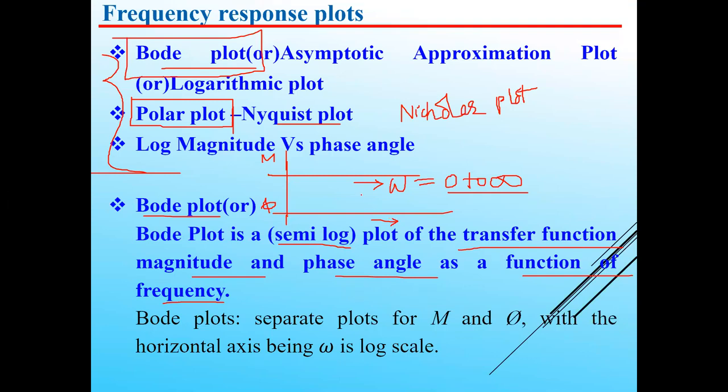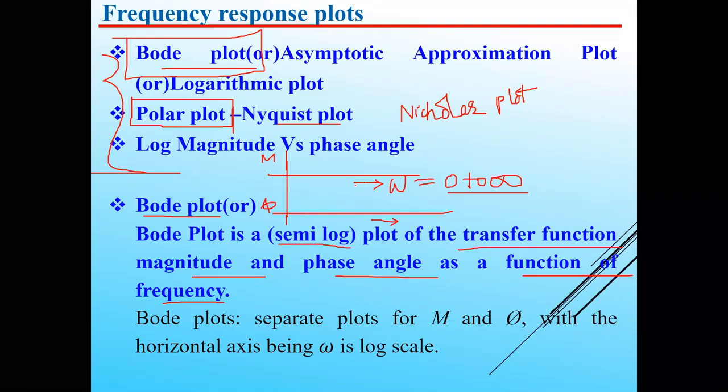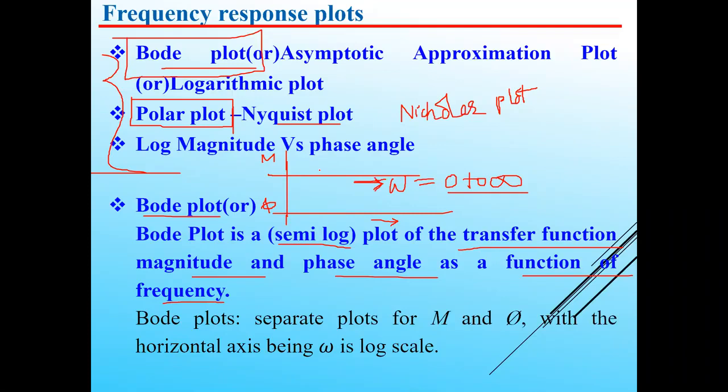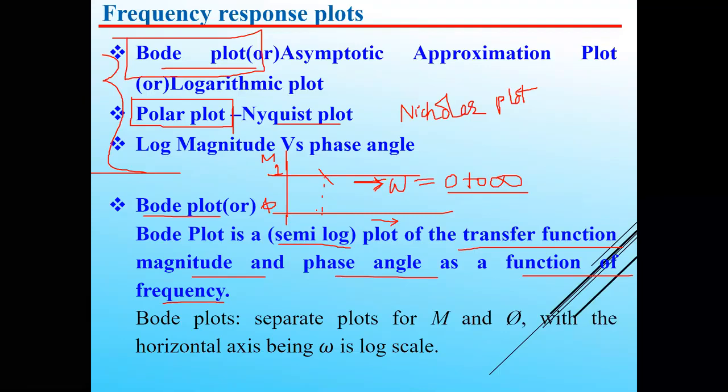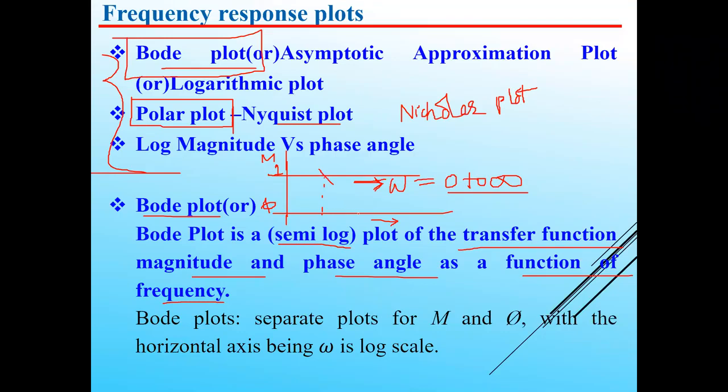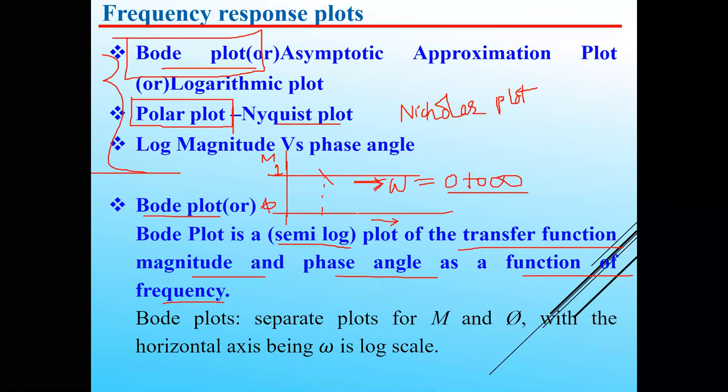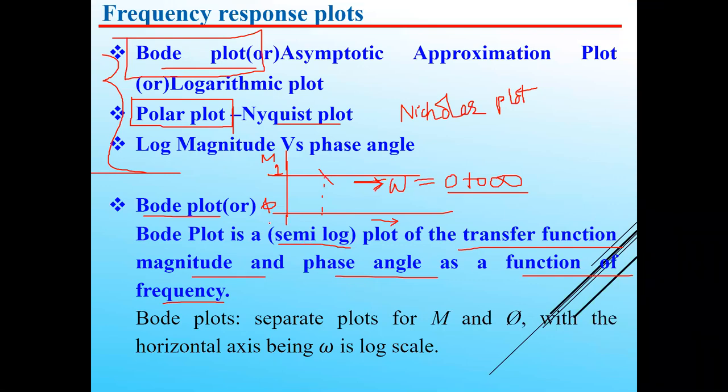Because frequency is same for both the cases, when the magnitude is crossing your unity magnitude line, what should be the phase at that time? So both calculations you can do simultaneously. That's why magnitude and phase plots are plotted on a single graph paper, that graph paper uses logarithmic scale, and that graph paper is known as a semi-log graph paper.